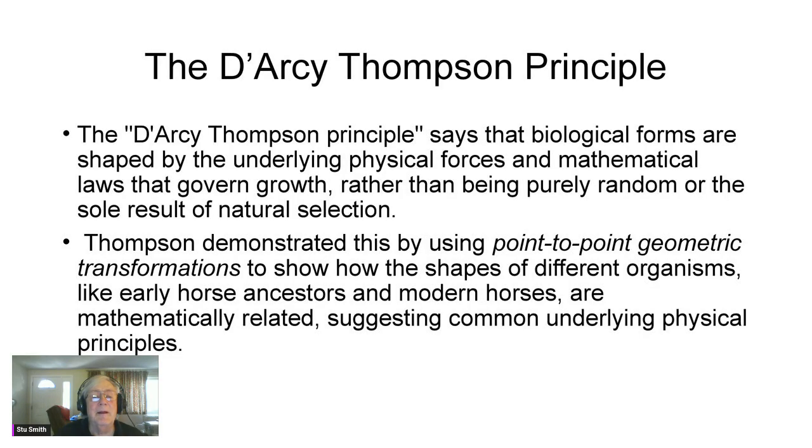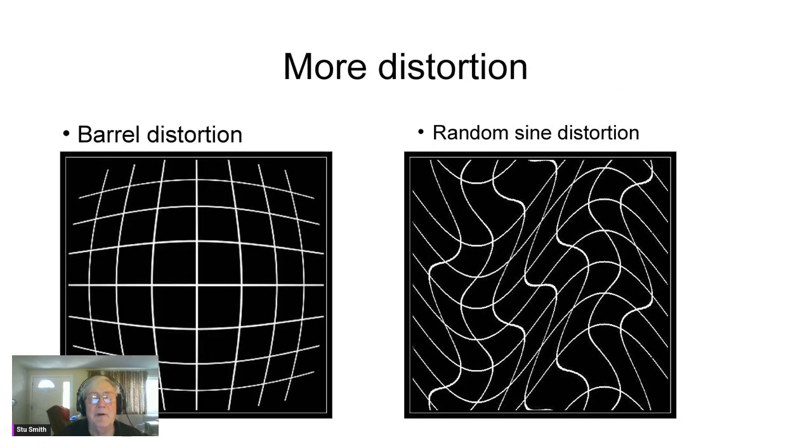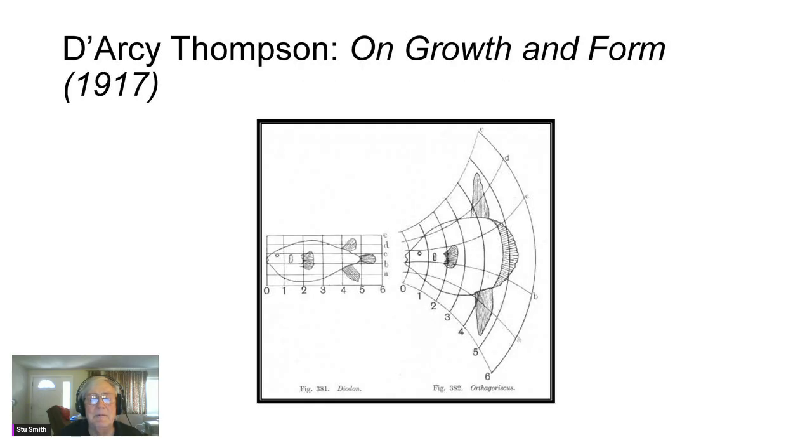So the D'Arcy Thompson principle is that the biological forms are shaped by the underlying physical forces that create them. And what he uses, what I use, is point-to-point geometric transformations, which is what the various distortions are. Every point here is moved to the corresponding point over here on the right.